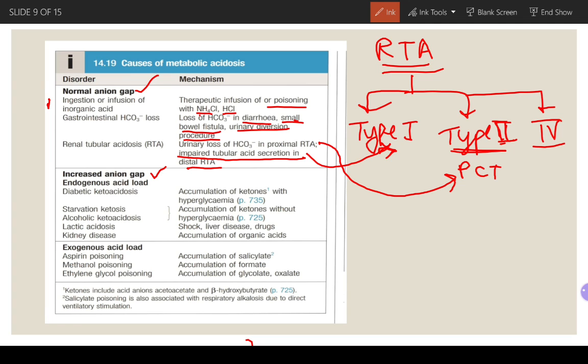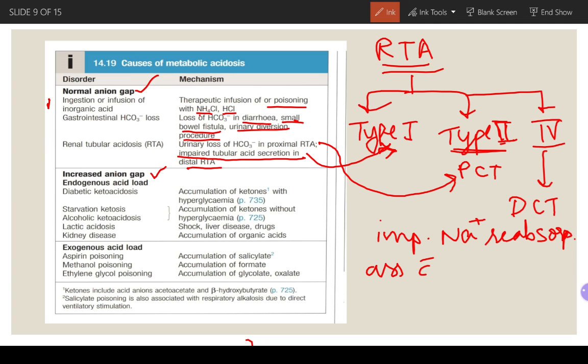Now coming to the type 4. Type 4 basically is a problem in the DCT where you have impaired sodium reabsorption. If there's an impaired sodium reabsorption, it is basically associated with a decrease in secretion of H plus and potassium.